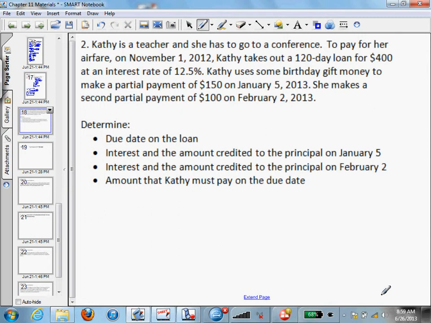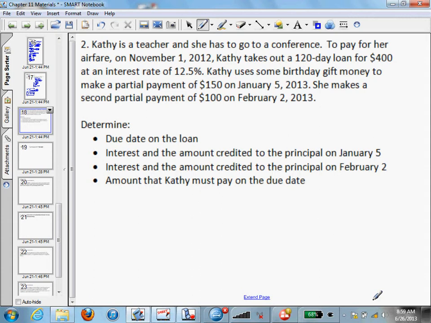So let's first look at the due date of the loan. If you refer to table 11.1 in the book, those are the rules that bankers use for loans and such. You see that November 1st is the 305th day of the year. Next, you see that the sum of 305 and 120 is 425.